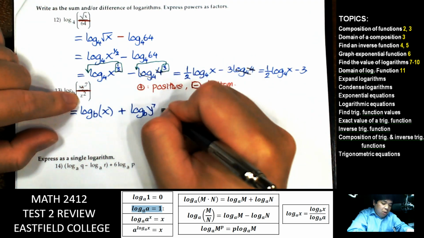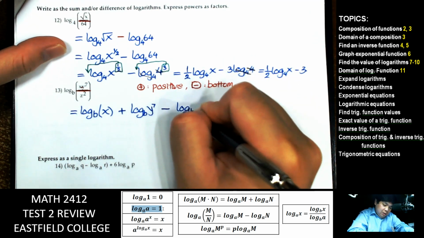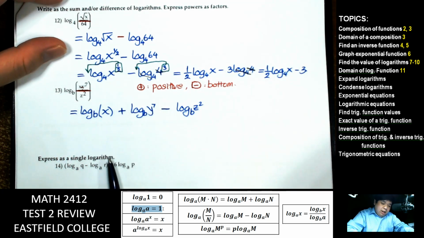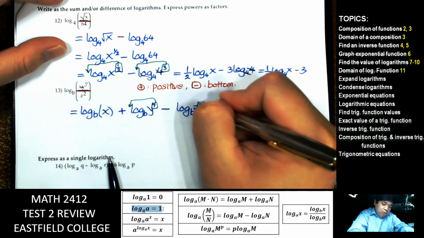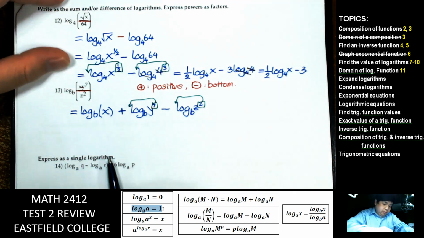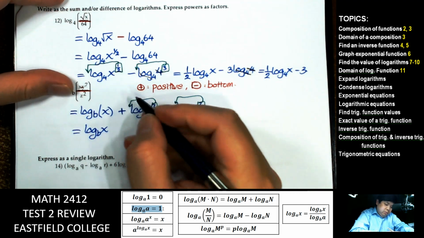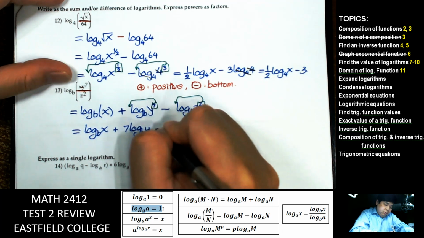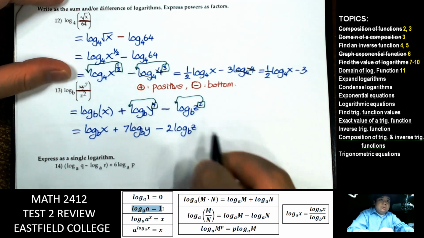The z squared is at the bottom, so the bottom will have negative. And then we can take the 7 power outside, the 2 outside. And we have that.